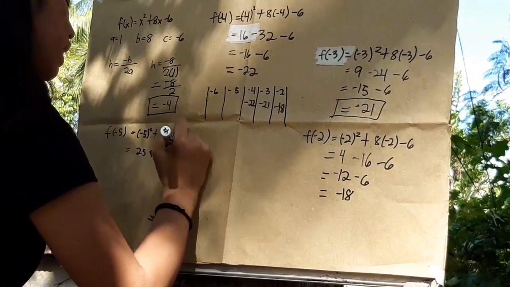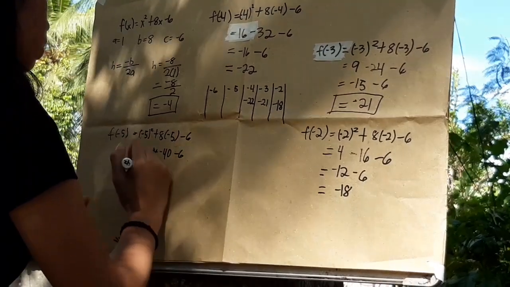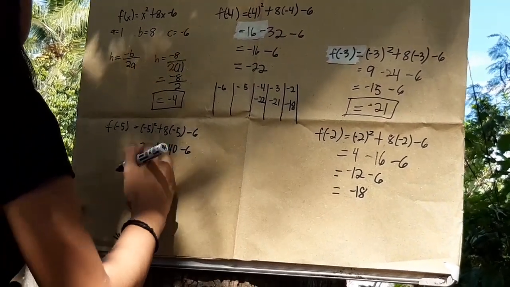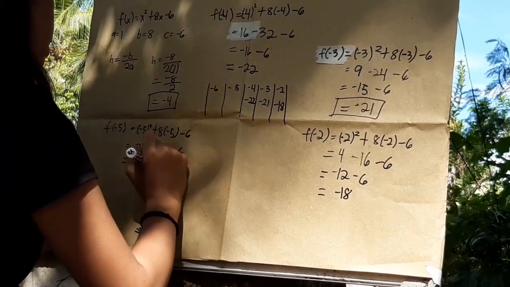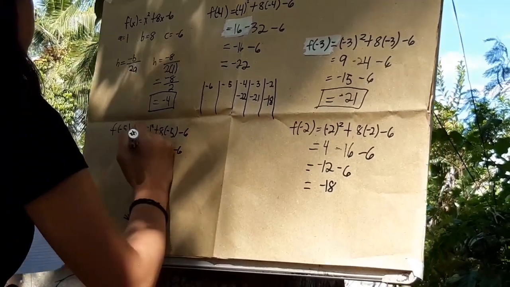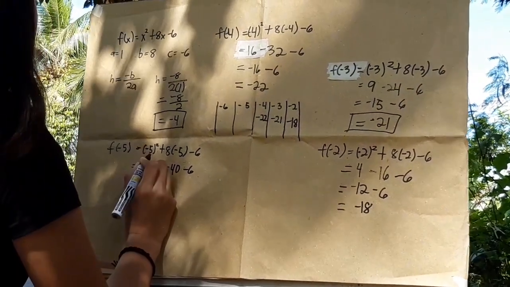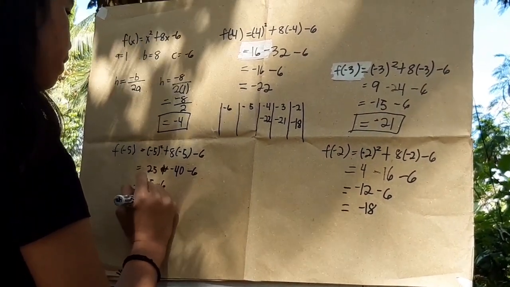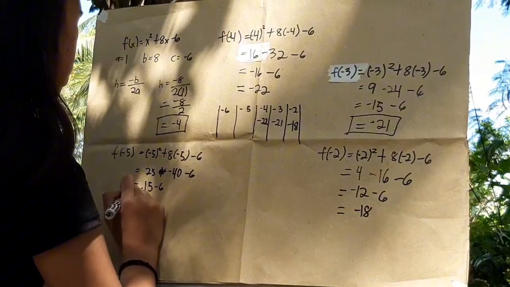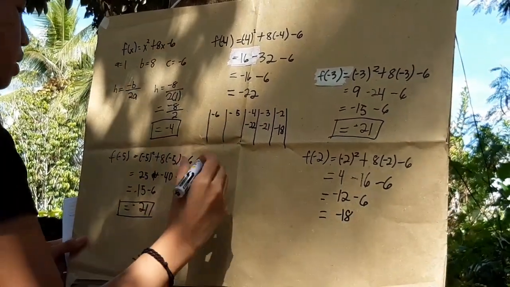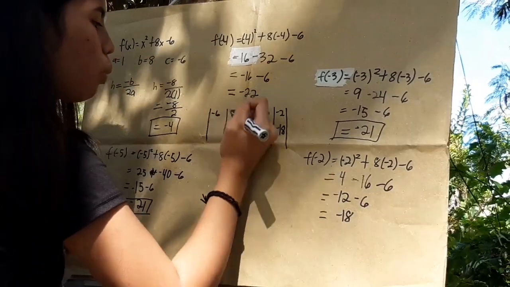Copy the 6. 25 minus 40 is negative 15, and negative 15 minus 6 is negative 21. So the y value of negative 5 is negative 21.